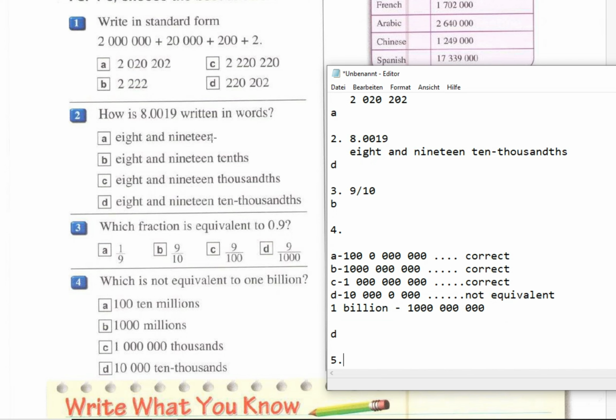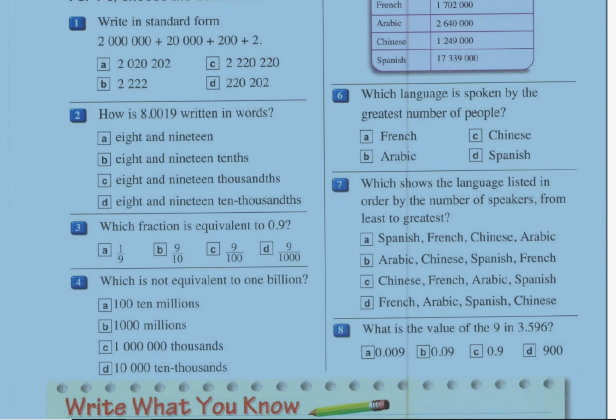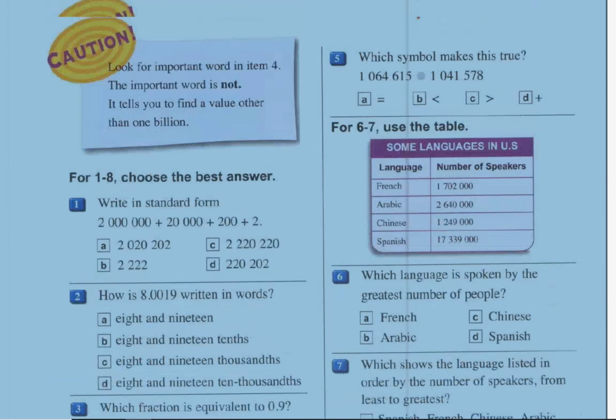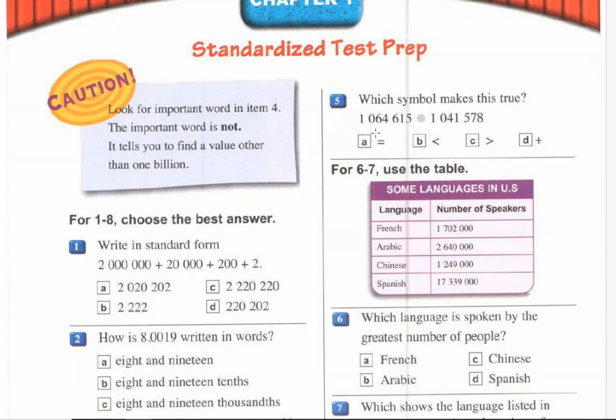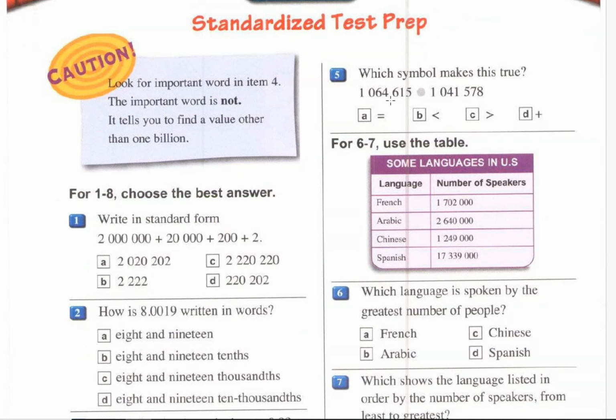Then question number 5. Okay, slowly. I must find it. And the question is, which symbol makes this true? It means we have two numbers and we must take all possibilities and check it.